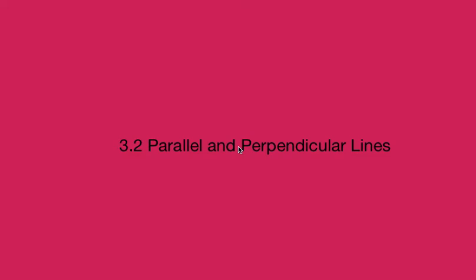Okay, we're going to be looking at parallel and perpendicular lines. So let's begin by just reviewing a few facts from GCSE that we learnt before. So we've got a line PQ with coordinates x1, y1 and x2, y2.